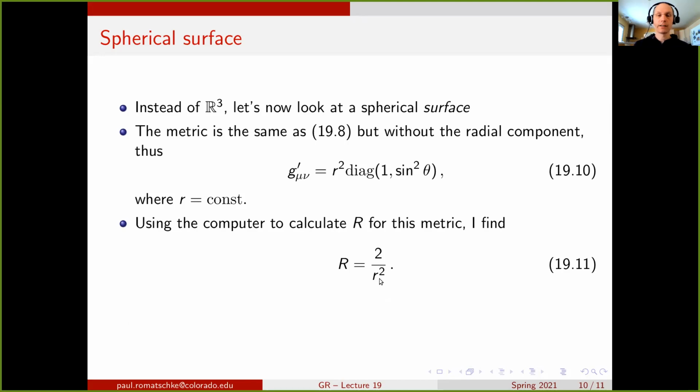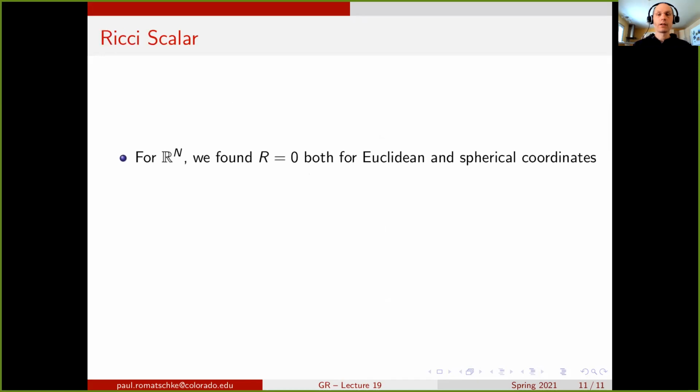And in particular, it is small for large radius, and it is large for small radius. And in particular, it's non-zero, unlike the case of the Euclidean space in n dimensions, which we discussed before. So what does that now mean? It means that for the Ricci scalar, we found that R is 0 for the manifold Rn, regardless of which coordinates we chose.